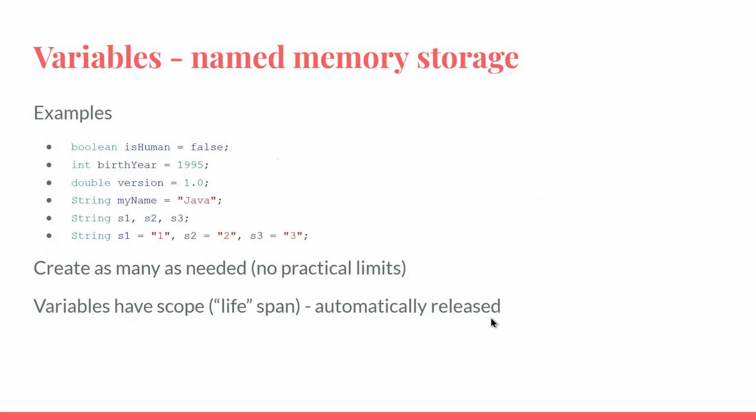An optional step is setting a start value. If you don't set one, Java will set one on your behalf. But you can use that name to recall or change the value as often as you need. You can create as many as you need. And Java does warn you if you created variables that are not used. I won't talk about this too much, but I just want to put the seed of that idea in your head: variables have scope. That determines their effective lifespan.